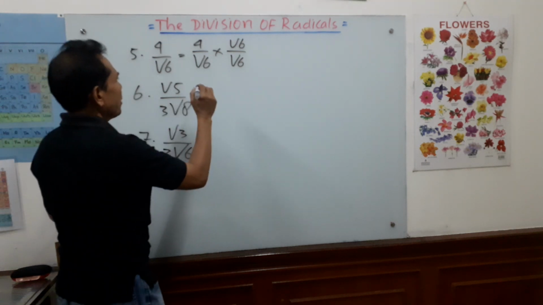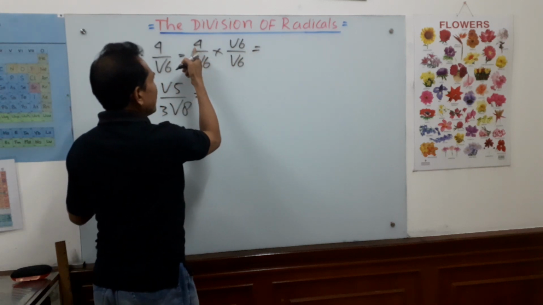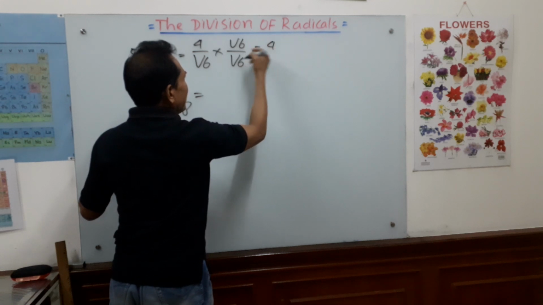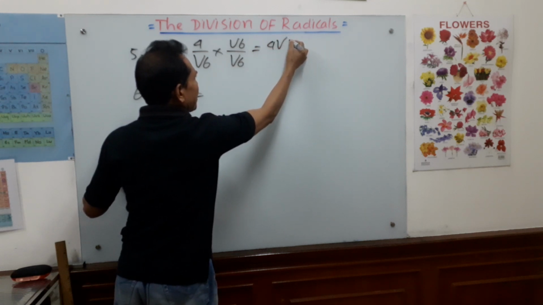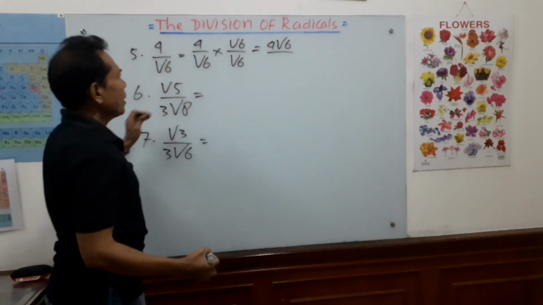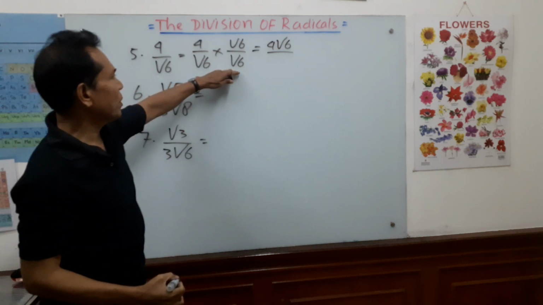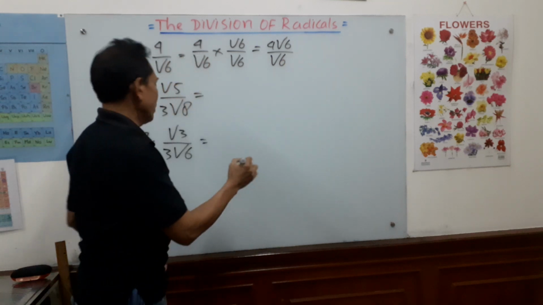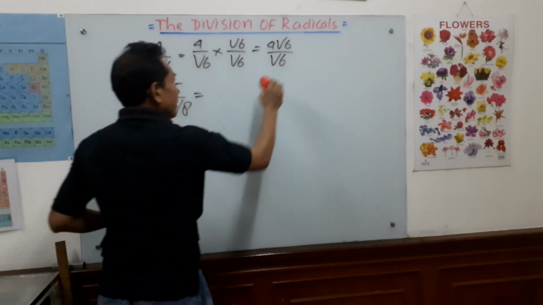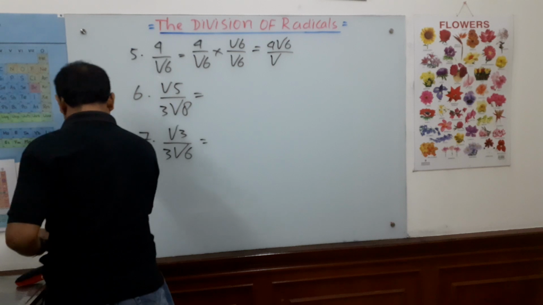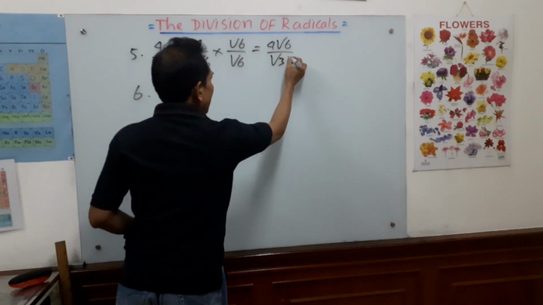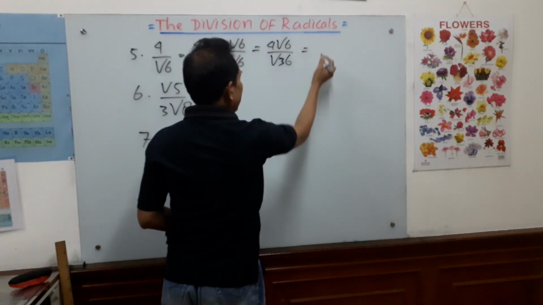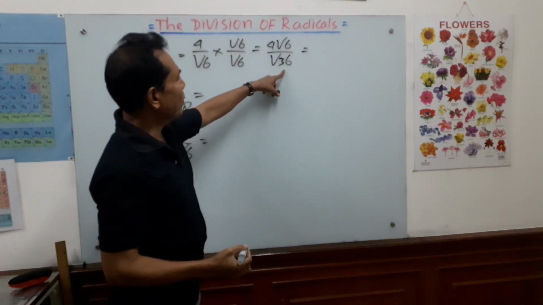So we can cross multiply this straight away. So 4 times square root 6, this is 1 here, so 4 times 1 is 4, and square root 6 we bring over here. Okay, now we have square root 6 times square root 6 is square root 36. Okay, then we need to simplify this.